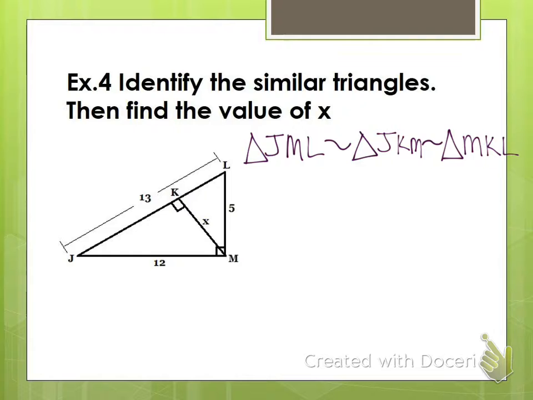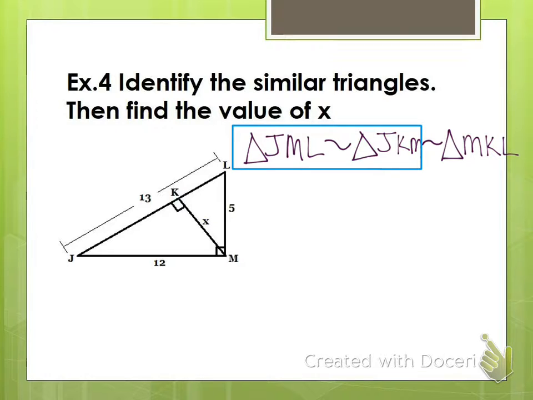Then we need to find the value of x. So you have to pick your big triangle and one of your other triangles. I would recommend picking the larger triangle on the bottom this time, just because that's the one that we went to next. So I'm going to kind of ignore the smaller triangle up on the top.